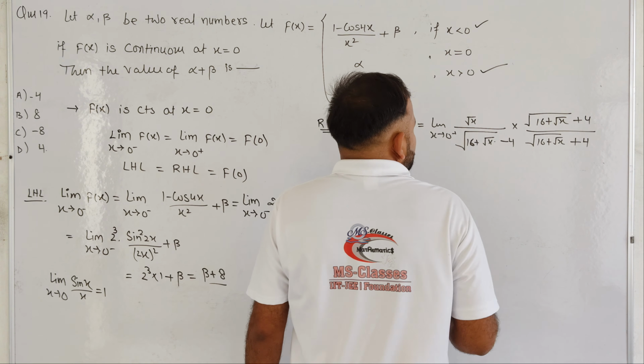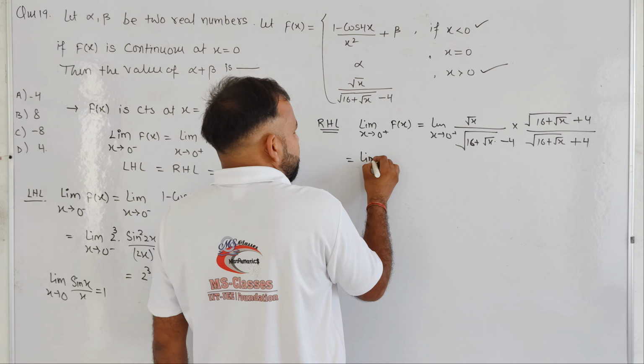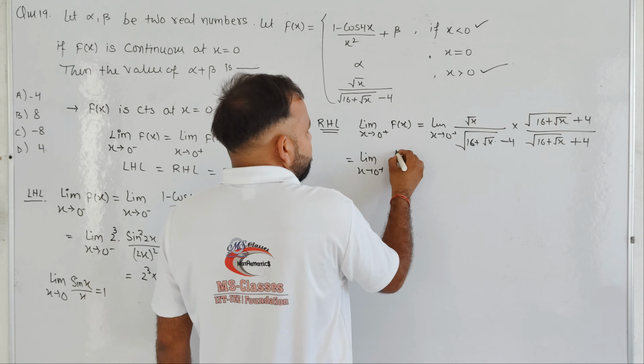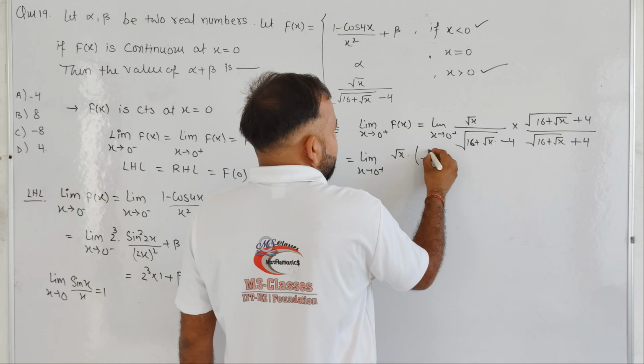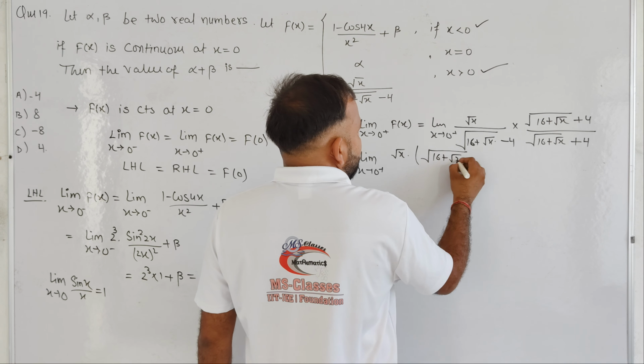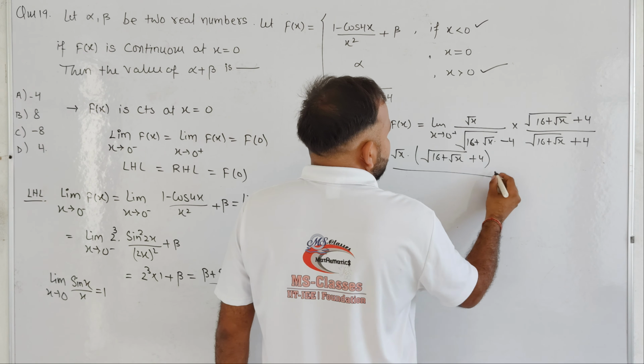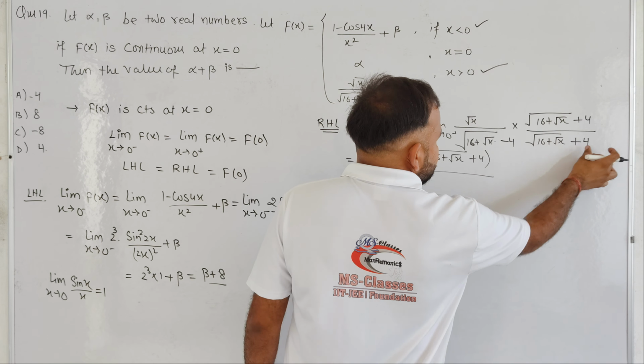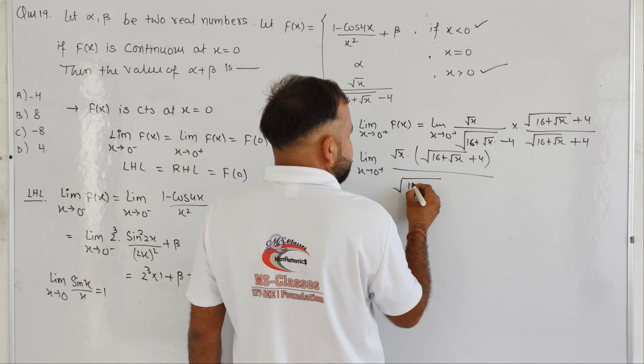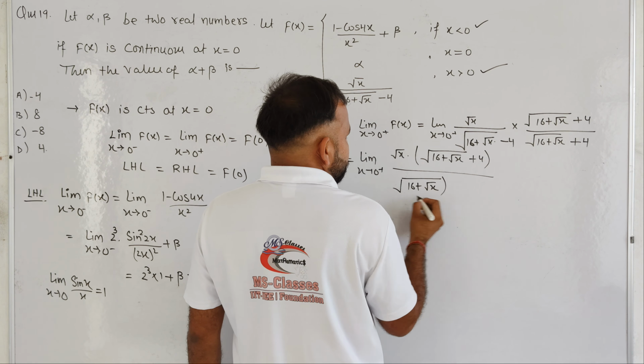So student, it will become limit x tends to 0 plus, this is root x multiplied by root 16 plus root x plus 4, divided by a minus b times a plus b, which is a square minus b square. So 16 plus root x whole square, minus 4 square.